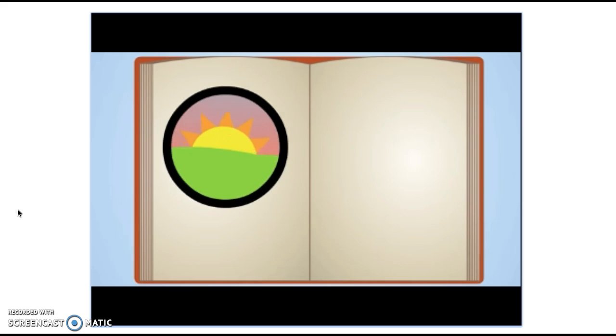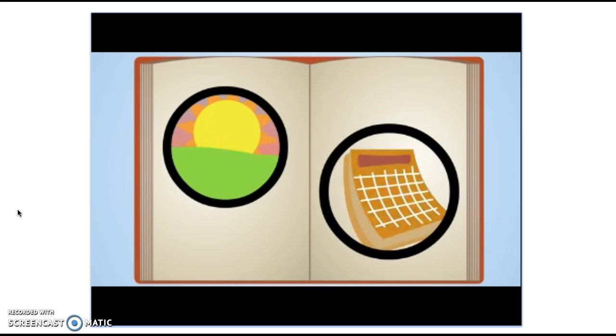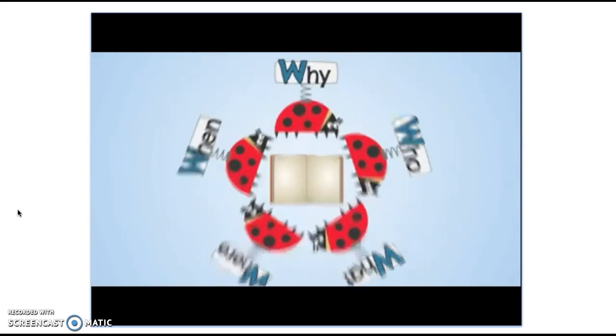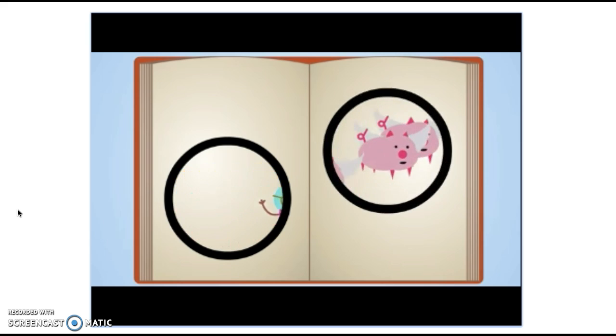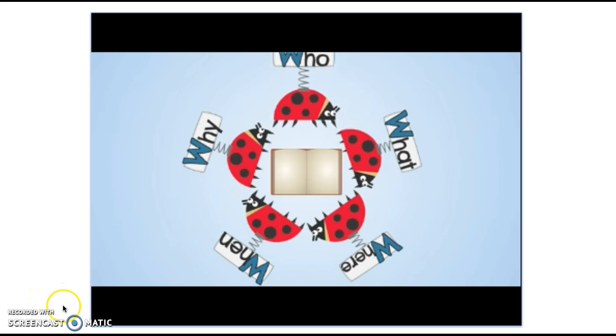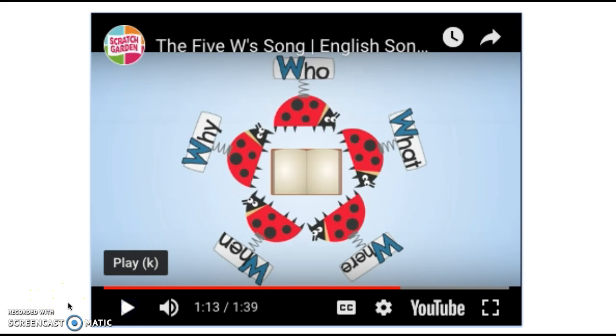When? A story needs a when, like this morning or on Tuesday or back then. Why? The story needs a why, like because you missed the bus or because they wanted to fly. 5 W's, 5 W's.